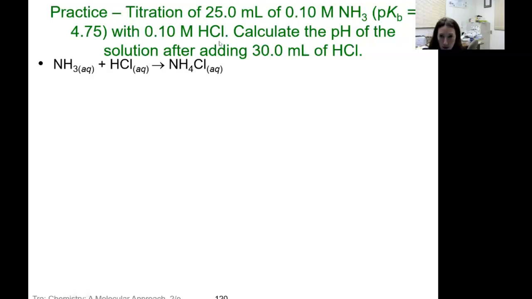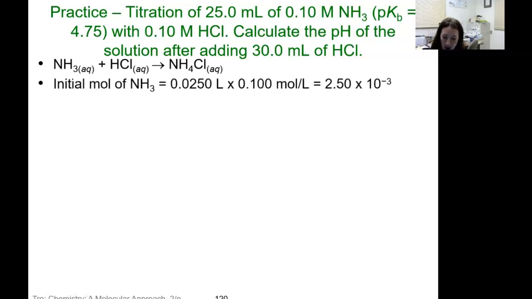So what we would do is we know that at our equivalence point, we're at 2.5 times 10 to the minus 3 moles. So we would find our moles of our HCl, right? So if we've already added 30 milliliters of our HCl, we would find that we're at 3 times 10 to the minus 3, right? Now, how do we do that?